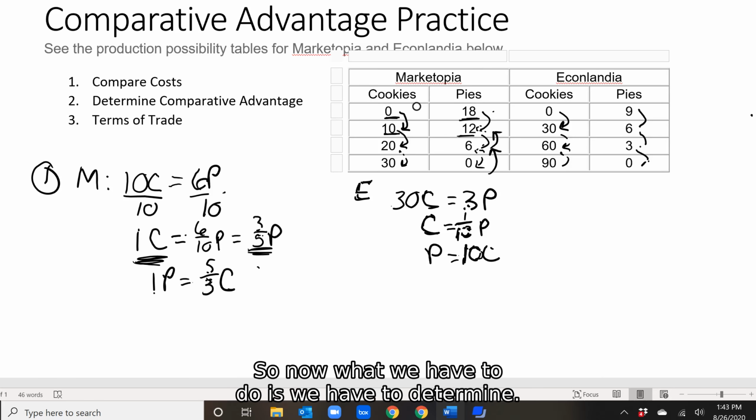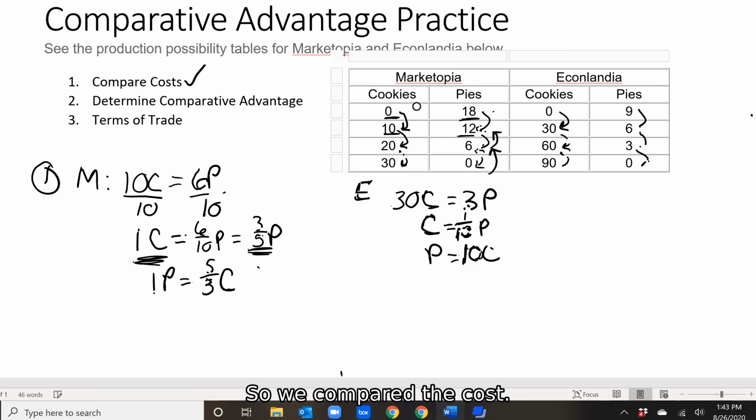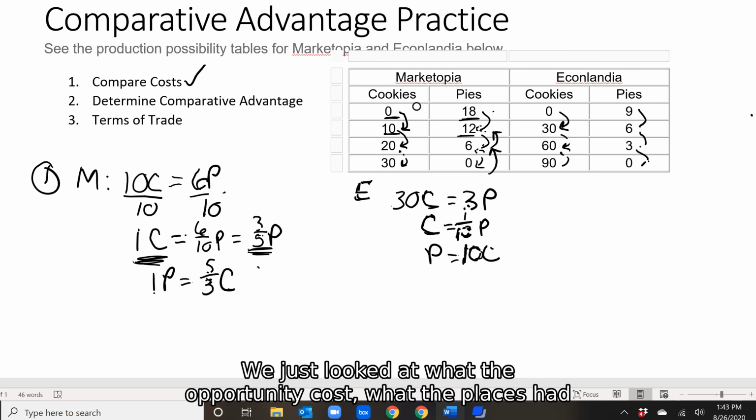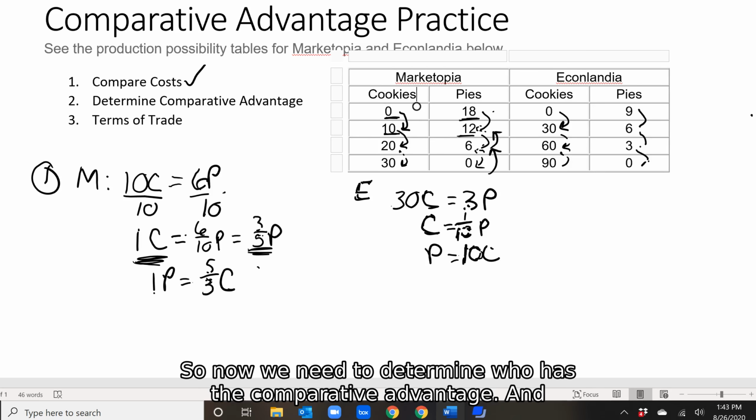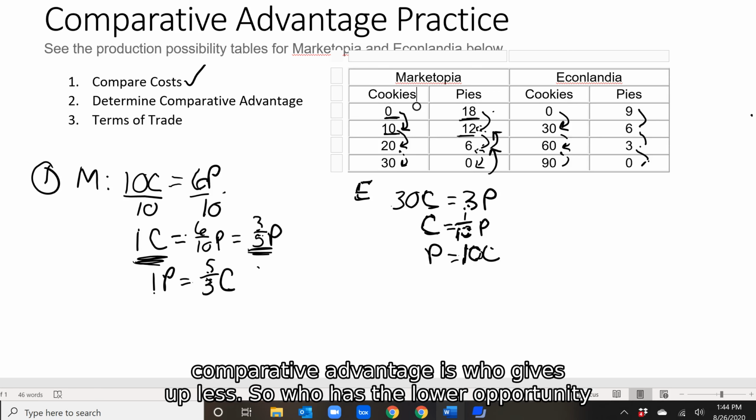So that was step 1. We compared the cost, we just looked at the opportunity cost, what the places had to give up in order to produce their respective cookies and pies. So now we need to determine who has the comparative advantage. And comparative advantage is who gives up less, so who has the lower opportunity cost.